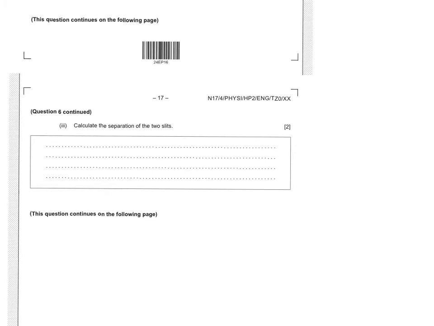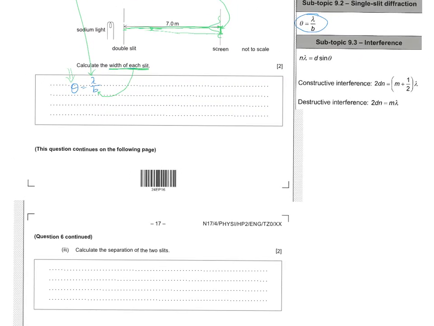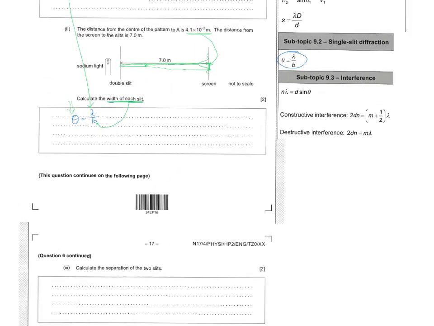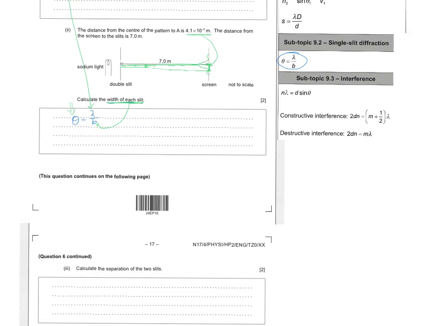Okay? The next question is calculate the separation of the two slits. Now, the separation of the two slits requires there to be two slits, and it's asking from the center of one to the center of the other, how far is that, right? Now, looking at our formulas, that's not this one, okay? Some of you use that one, and we talked about how that one might give you the same answer, but you can't use that one because this is specifically for diffraction gratings.